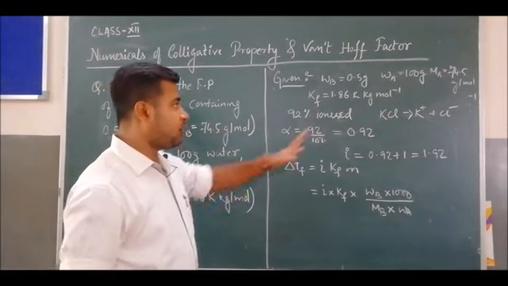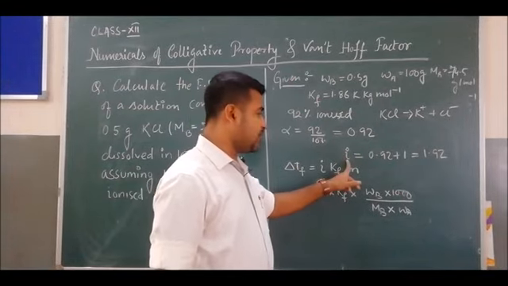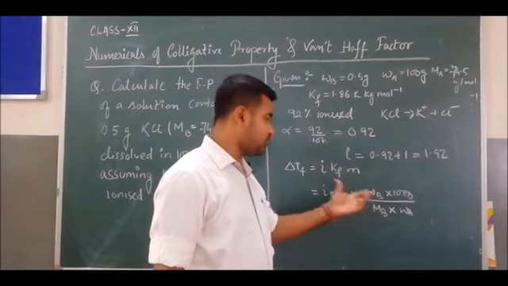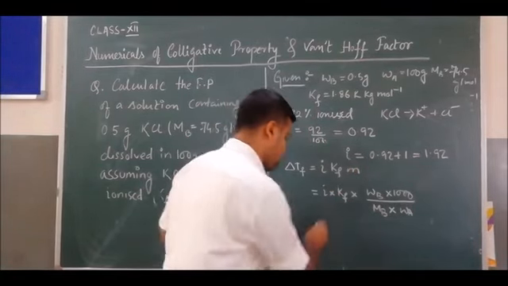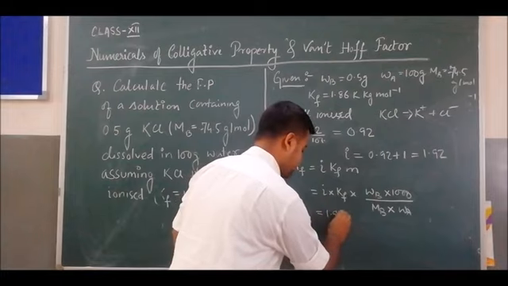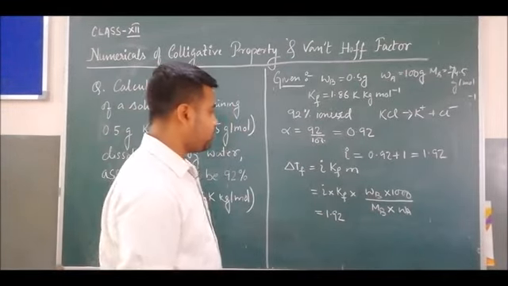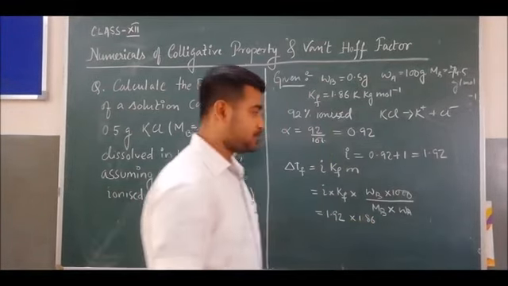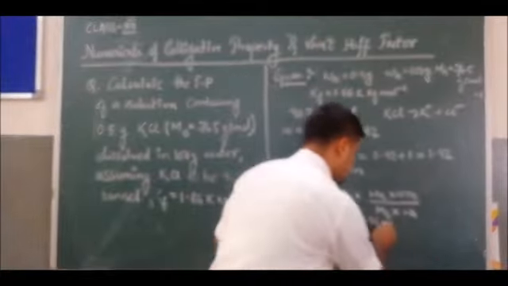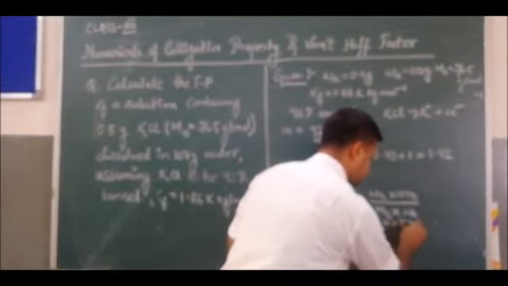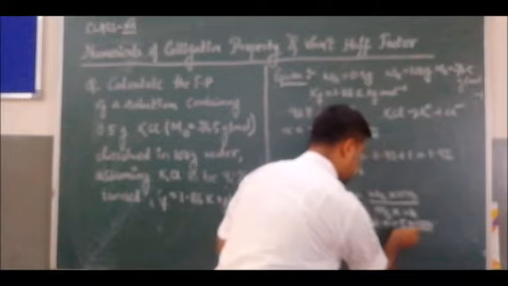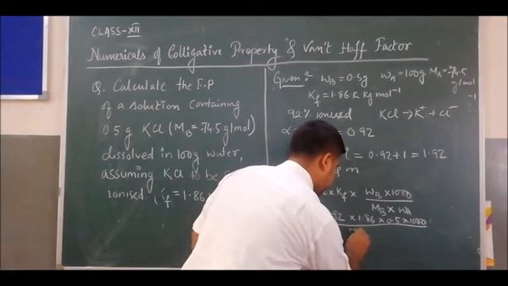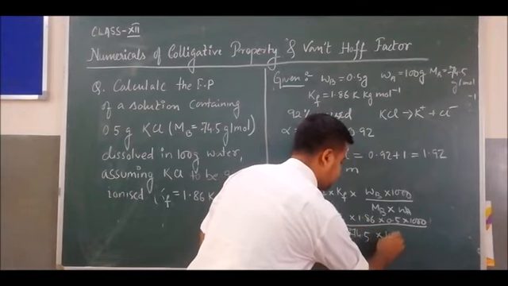Now put in the values. The i value is 1.92, the Kf value is 1.86, WB is 0.5 into 1000 by MB, which is 74.5, and WA is 100.